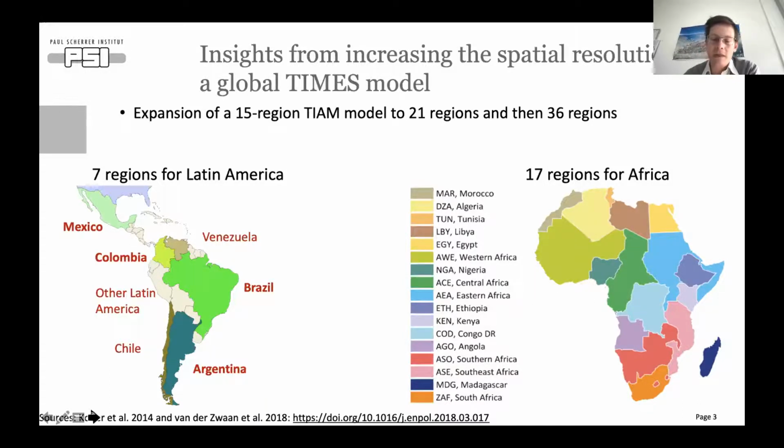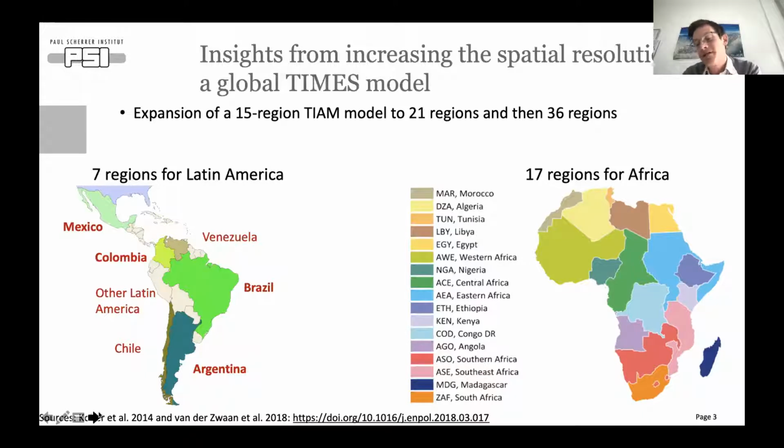So for instance, Kenya, in the eastern part of Africa, is endowed with quite substantial geothermal resources. Ethiopia has a lot of hydro resources. Congo has abundant hydro resources, and the South African region has a lot of coal.